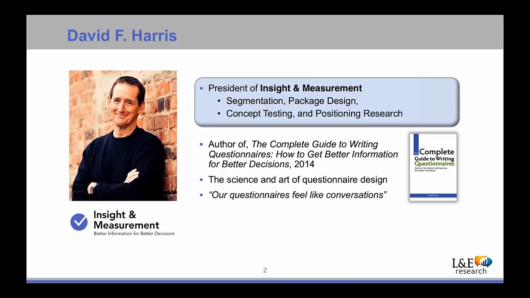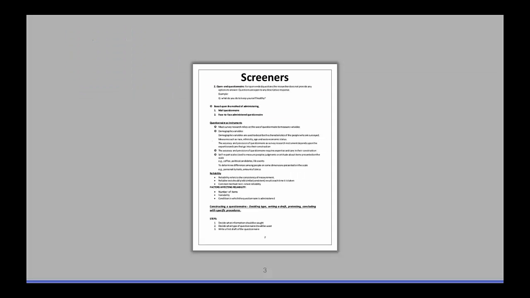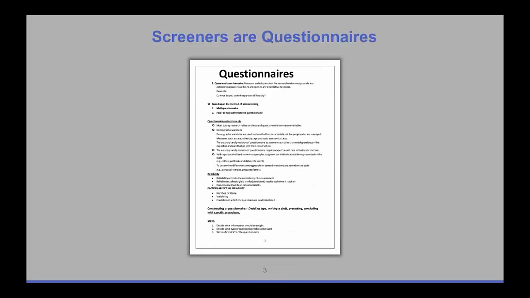So that's what inspired me to write this book. We practice the science and art of questionnaire design. There's a lot of science to it. When you get it right, our questionnaires really should feel like conversations, and we partner with a lot of qualitative research firms to really make sure our clients get what they need. So on the surface, it looks like we're really talking about screeners, but screeners are really just questionnaires, and hopefully short questionnaires.